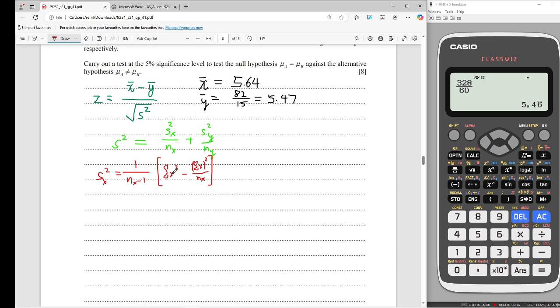This is the equation that you must follow for S2 of x, and same can be said for y, except wherever you see x we just plug in the values of y.